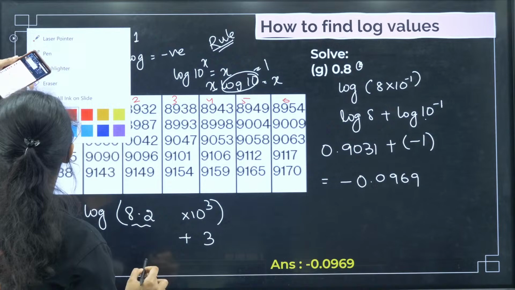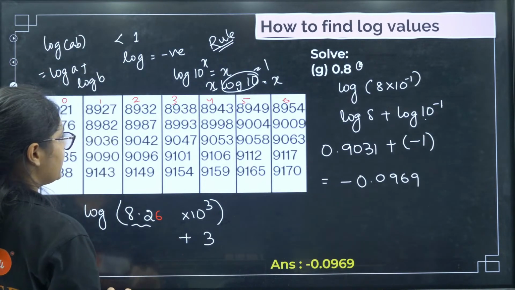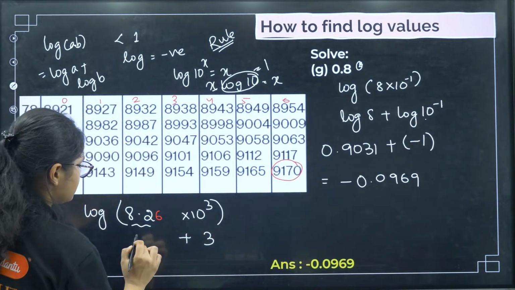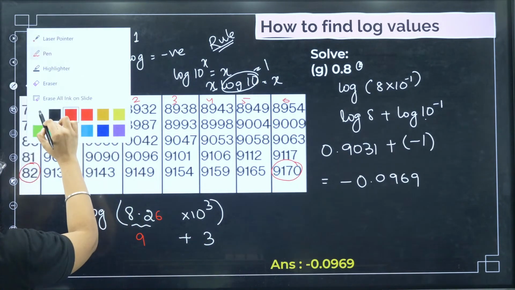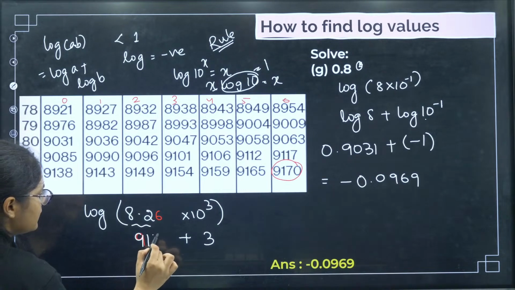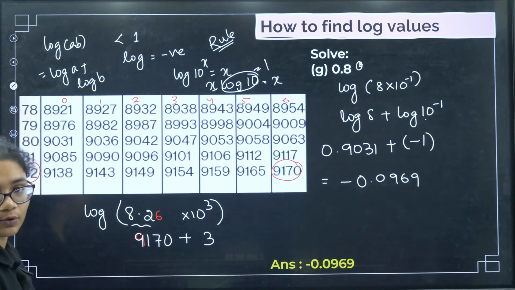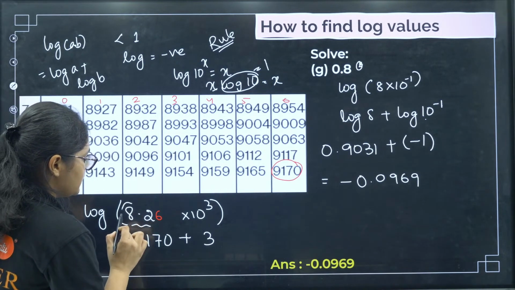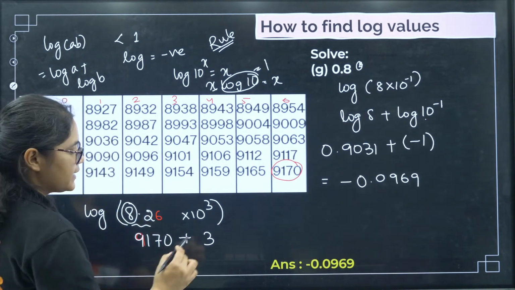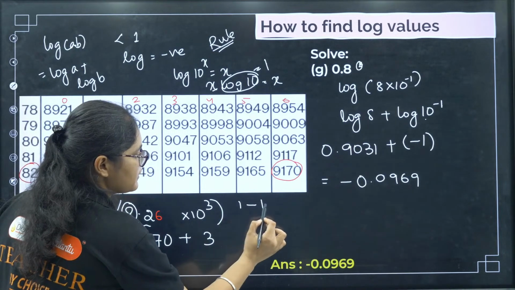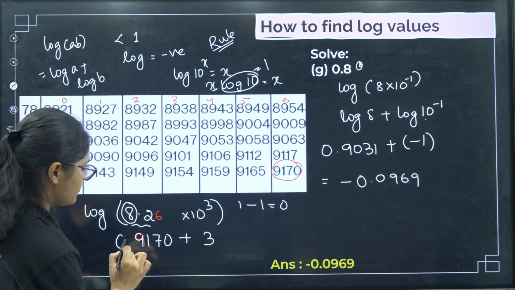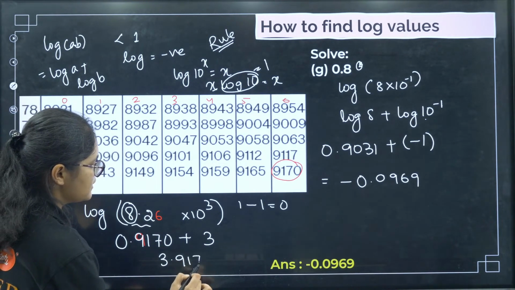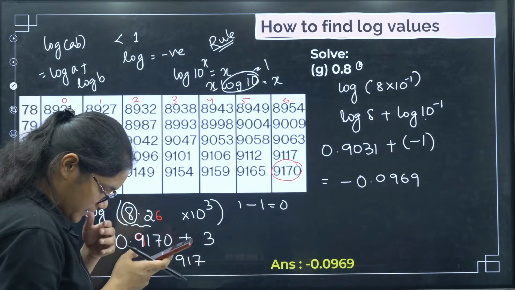I will just write it like this, 0.826. So you see I will get this number here, 9170, right? After that what I have to do, you see here how many numbers are there? One number is there, and you have to subtract one. 1 minus 1 is 0, so I will get 0.917. So I will add these two, I will get 3.917. Okay, clear?